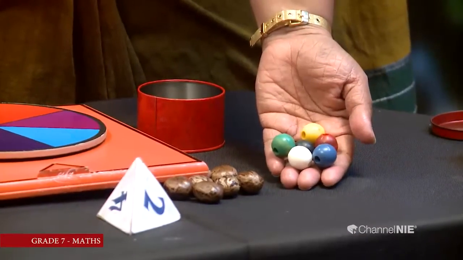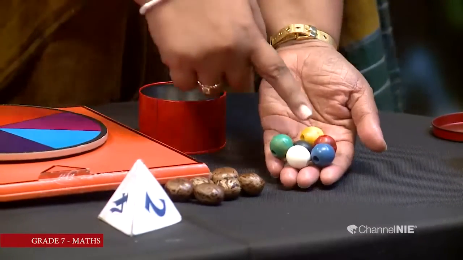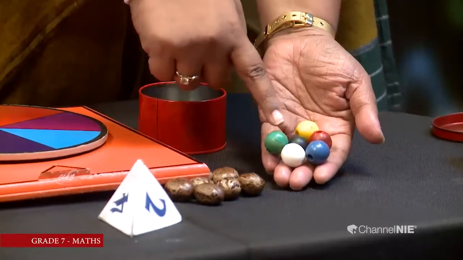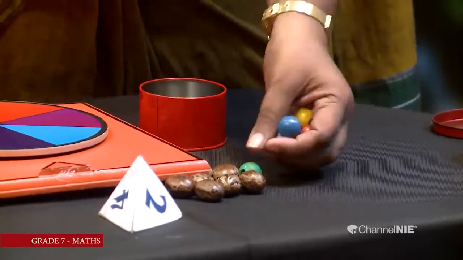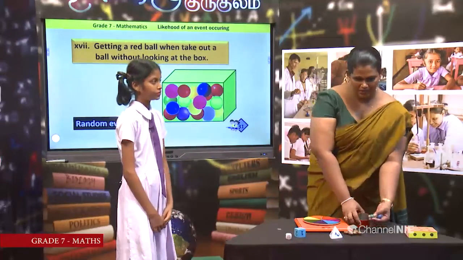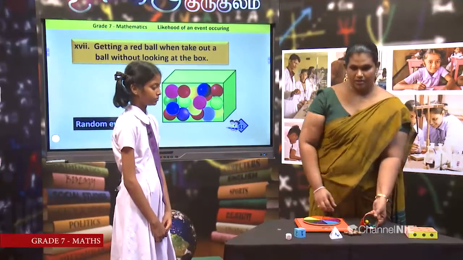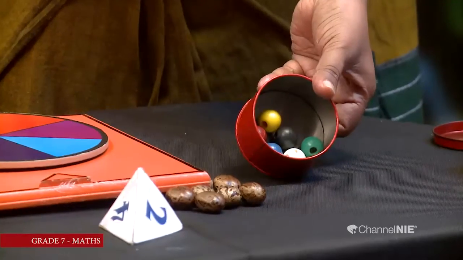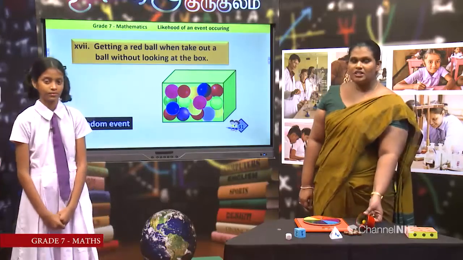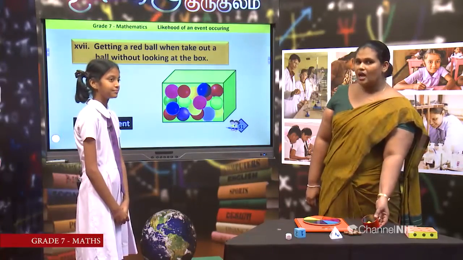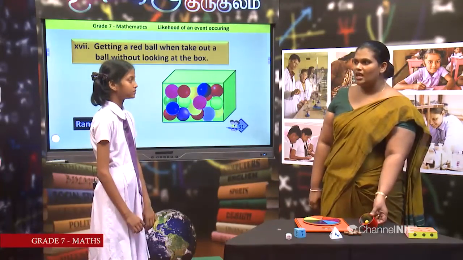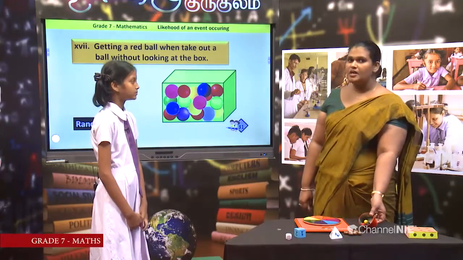I have got 6 beads here: red, yellow, black, green, white and blue. I am going to place these beads in a box and I am not going to show her the box. I won't allow her to look at the colors of the beads and I am asking her to take one bead out of this box.